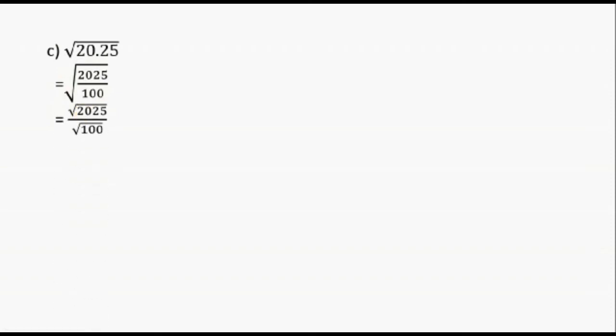Now when you look at 100, everyone must know by now that 100 is a perfect square number. When you multiply 10 by itself twice, you get 100. Now when we look at 2025, we don't know whether it is a perfect square number or not. So what are we going to do?